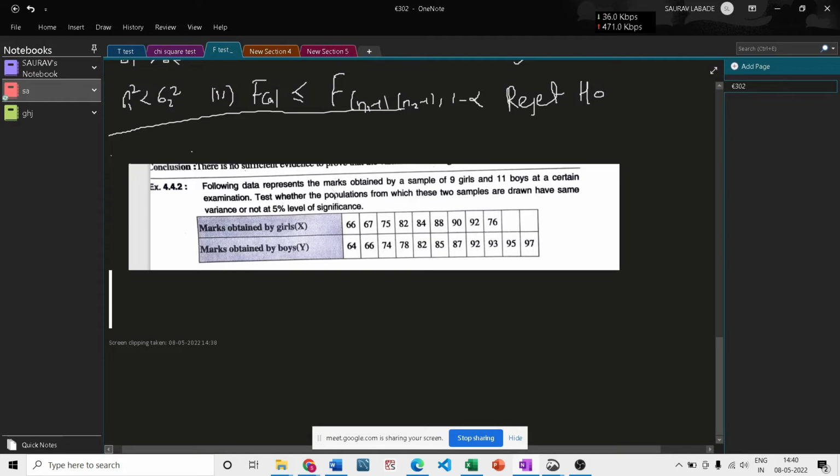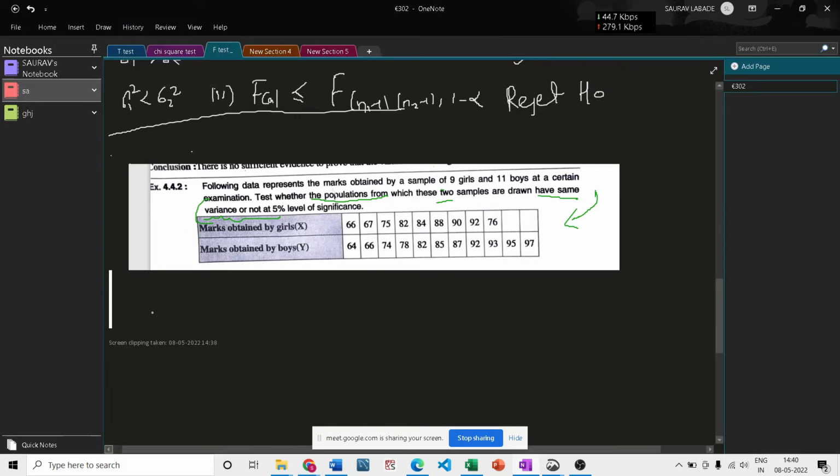Here you can see we test whether the two populations from which these two samples are drawn have the same variance or not. We have to check whether they have the same variance or not, and the variance test is only used for the F distribution. So this example is basically for the F distribution.